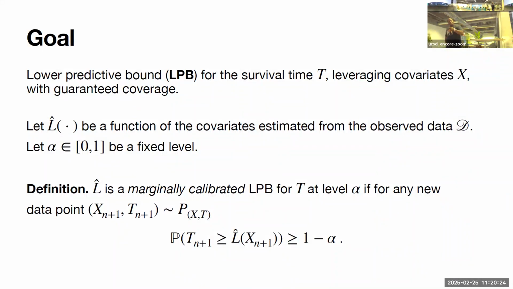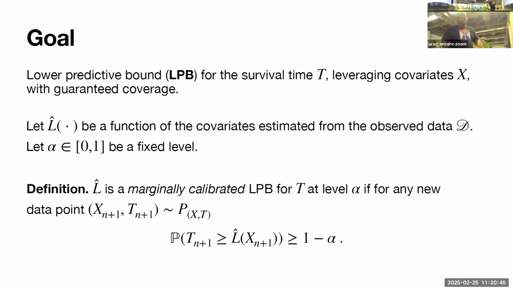And then let alpha be a fixed level that you as a user will want to calibrate towards. So like a type 1 error level. And here's a definition of what we mean by this predictive rule, L hat, being a marginally calibrated LPB for T at level alpha.